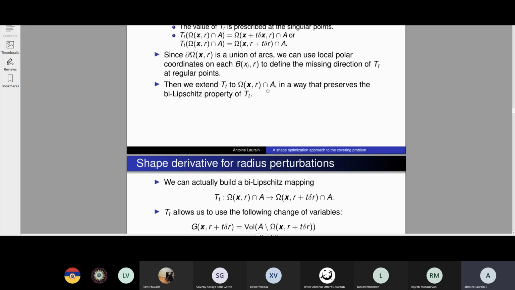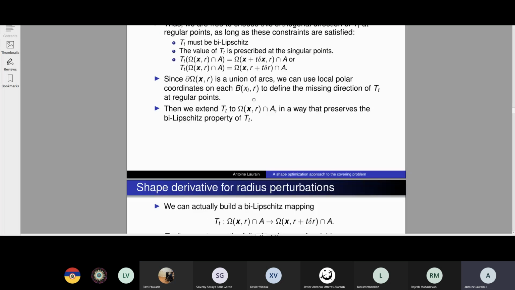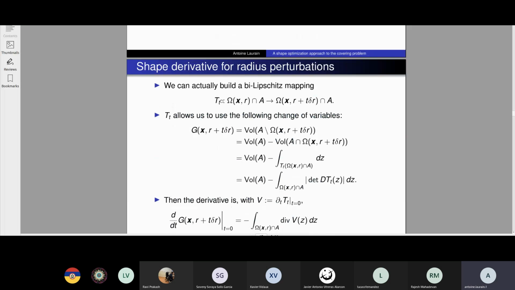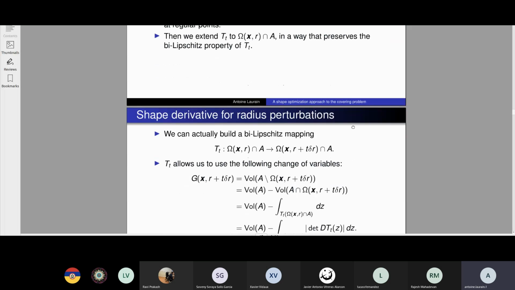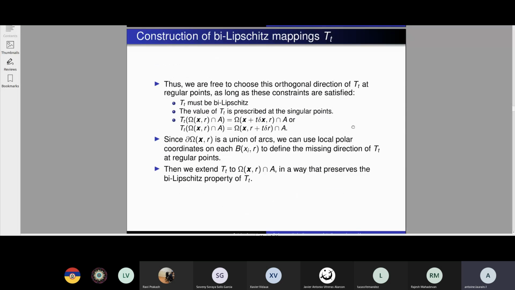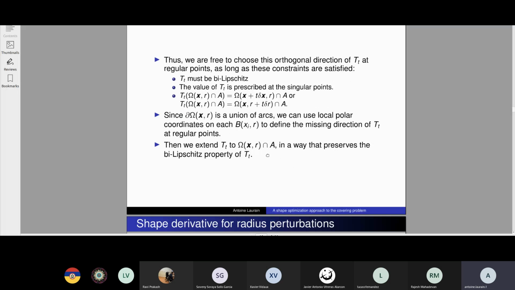But the advantage is that we have really an explicit construction on the arcs, and this is quite useful afterwards to compute the derivatives of this function G. Okay, so I just gave the general idea of how to build this capital T. I'm not showing all the details, it's all in the paper, but really the construction in the details is a bit technical, but basically these are the main ideas, okay?